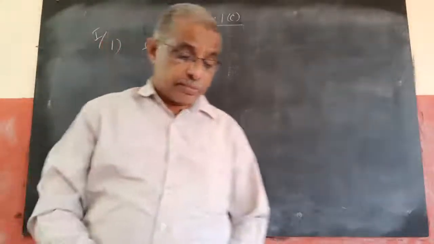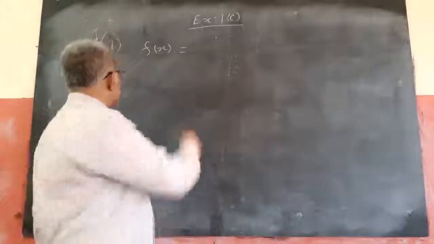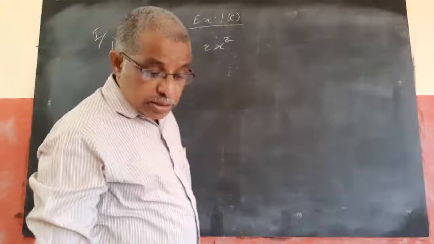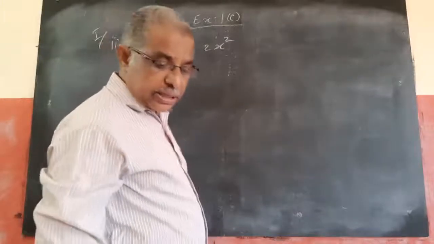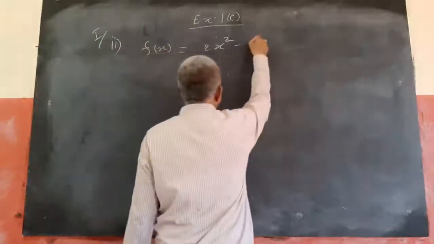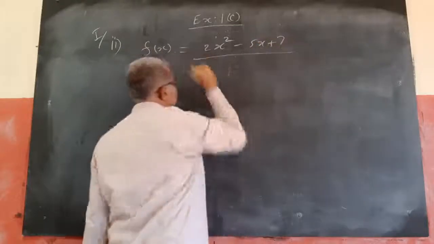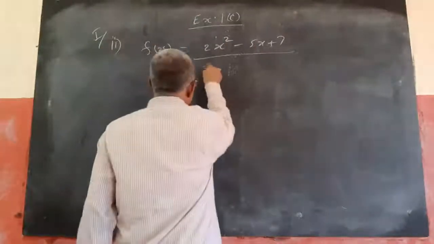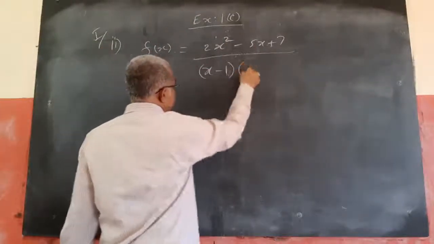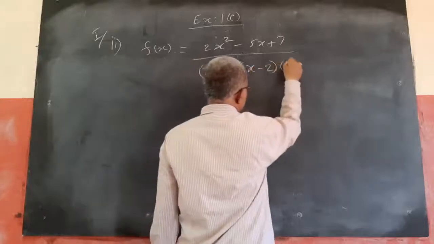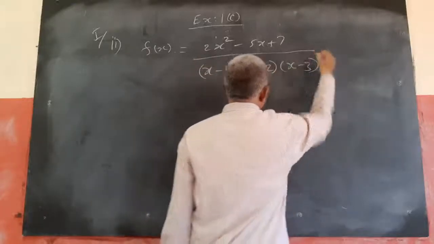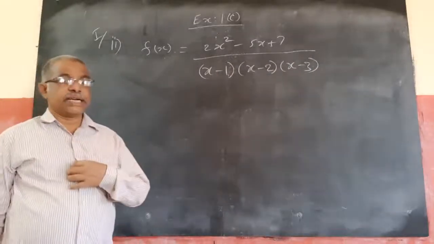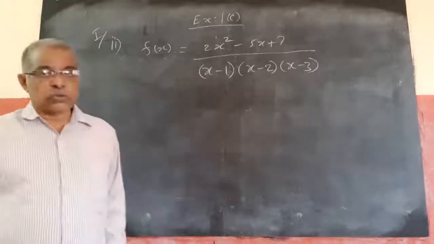Like the same, second sum: f of x equal to 2x square minus 5x plus 7 divided by x minus 1 into x minus 2 into x minus 3.